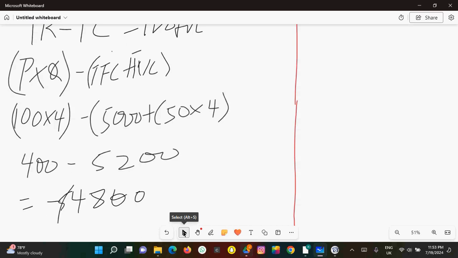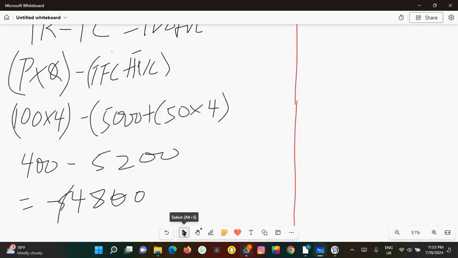You remember the shutdown situation: if the firm's price is at least higher than the average variable cost, the firm can still produce, right? So here is the case.